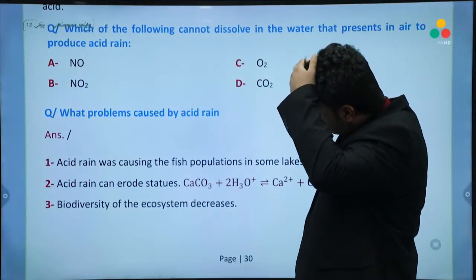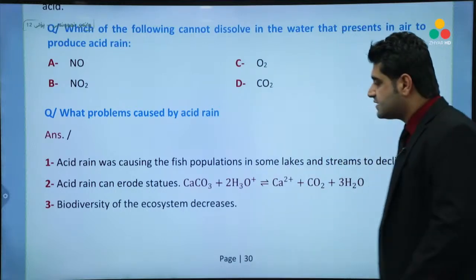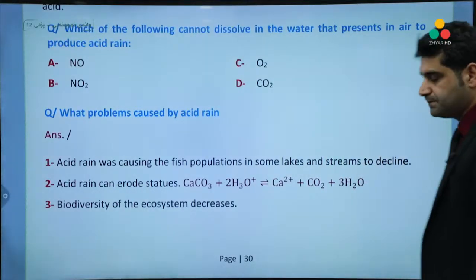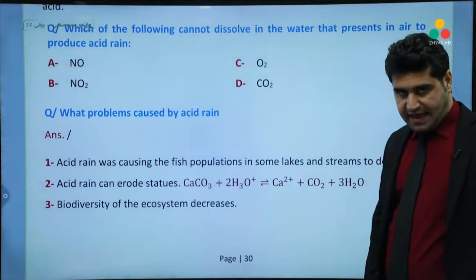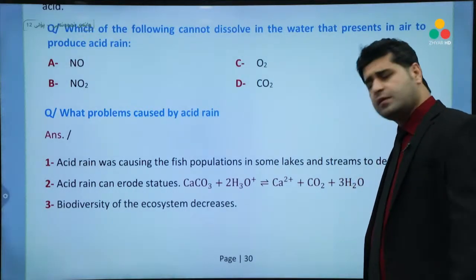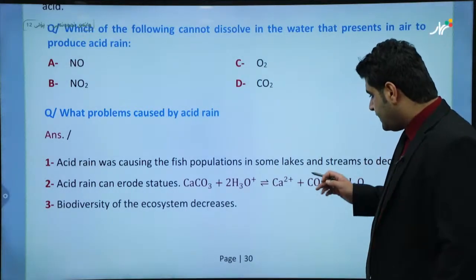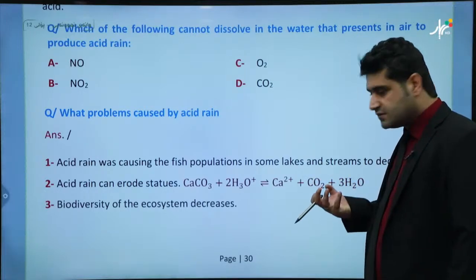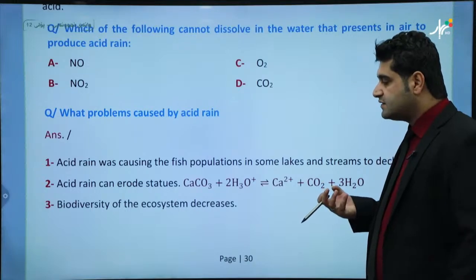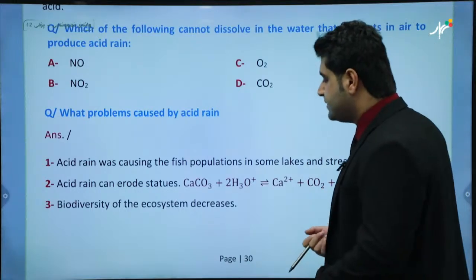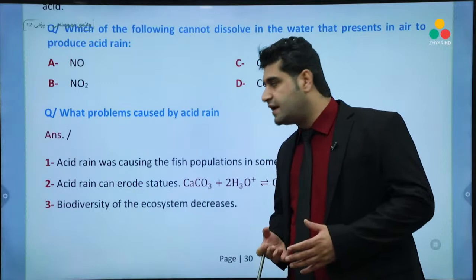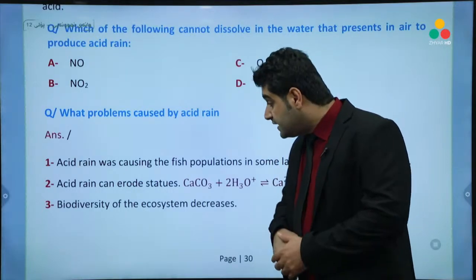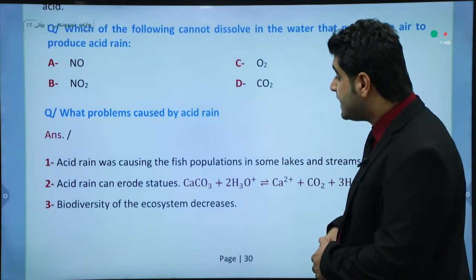What problem is caused by acid rain? Acid rain affects the fish population. When I say it affects fish, I mean the fish population. It can also erode, and the bioactivity and the ecosystem can be affected by acid rain, but our book did not mention it.